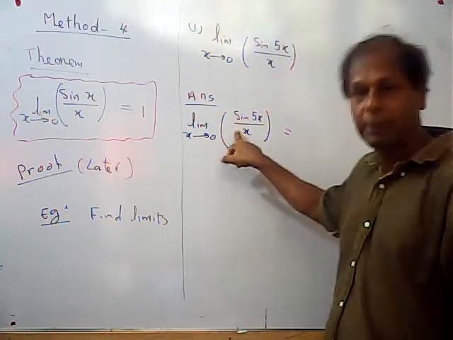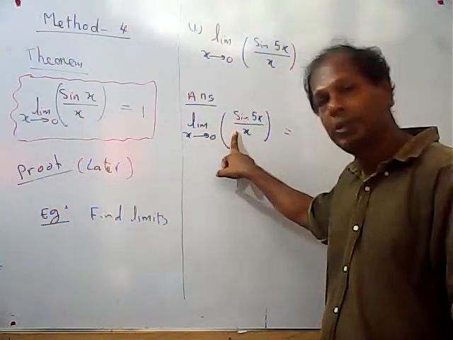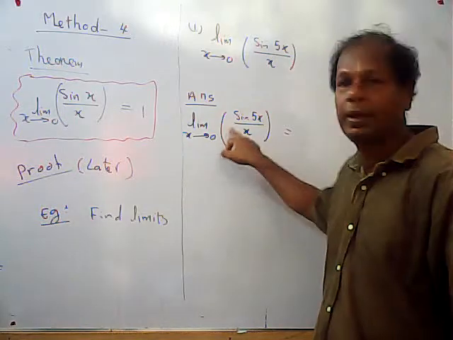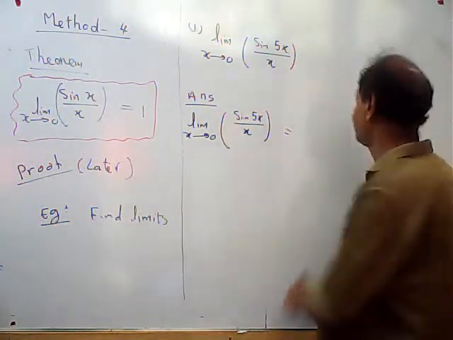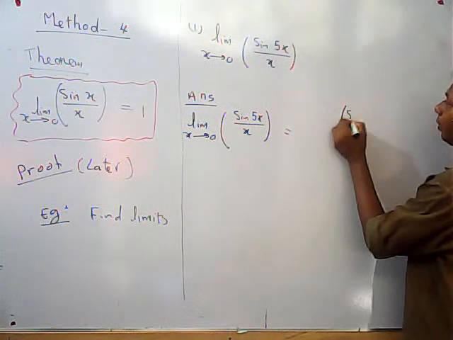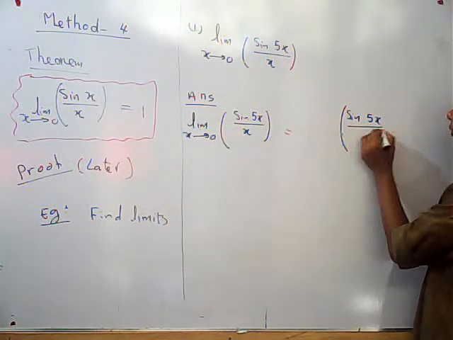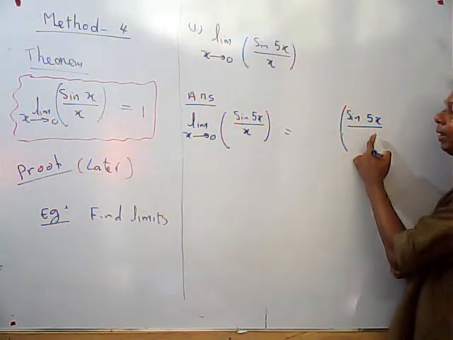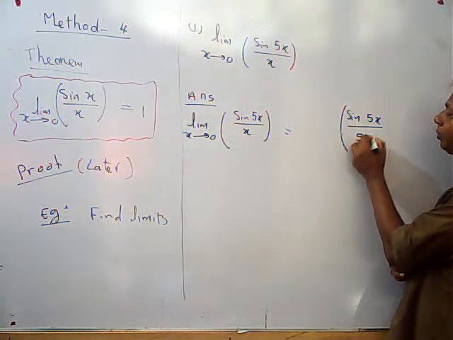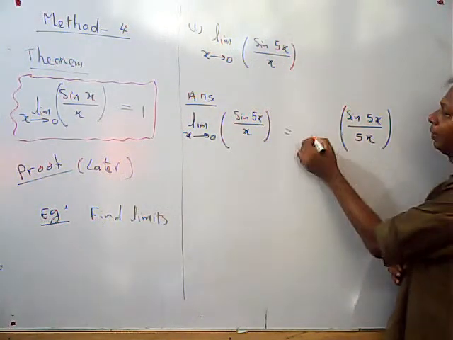So we would like to see 5x here. As I told earlier also, we write 5x divided by 5x, so I got 5.